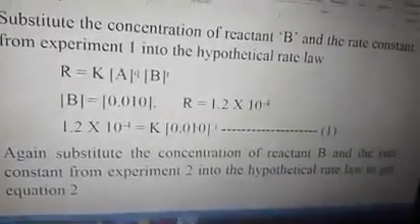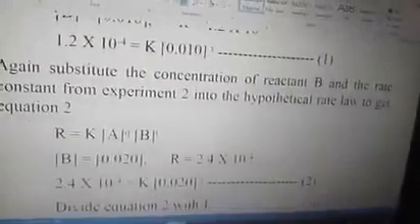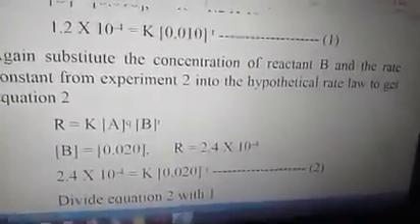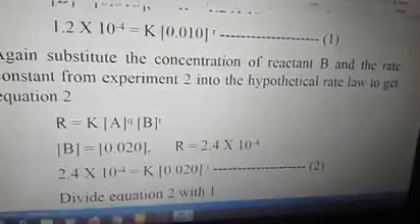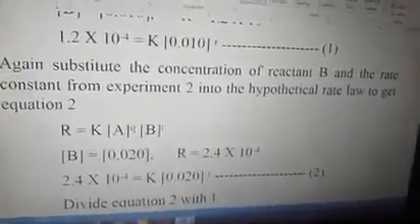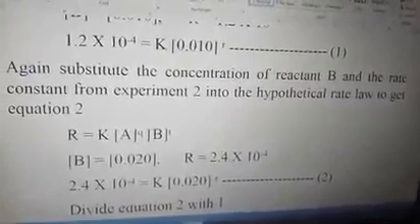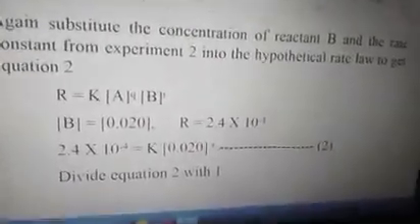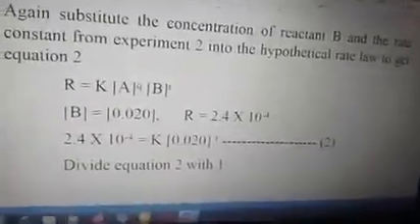Again, substitute the concentration of reactant B and the rate from experiment 2 into the applicable rate law to get equation 2. Remember, we chose experiments 1 and 2. In equation 2, replace B concentration with 0.020 and the initial rate, which is 2.4 times 10 to the power minus 4.